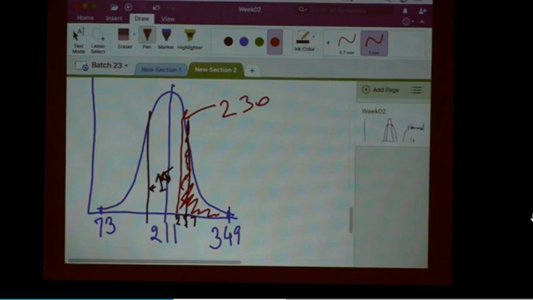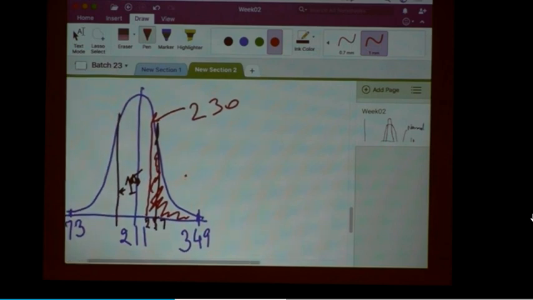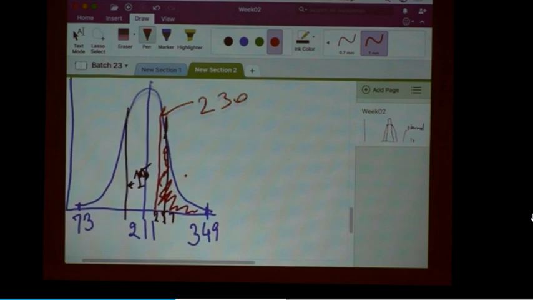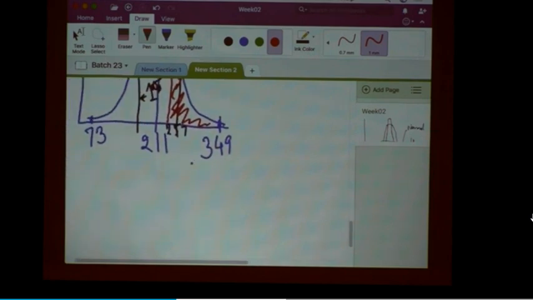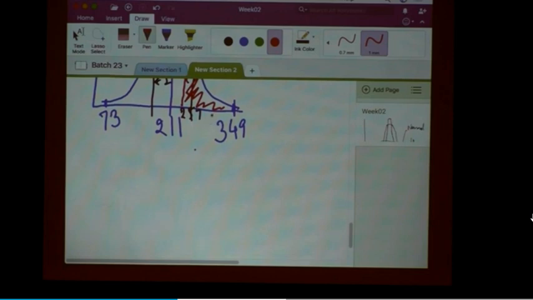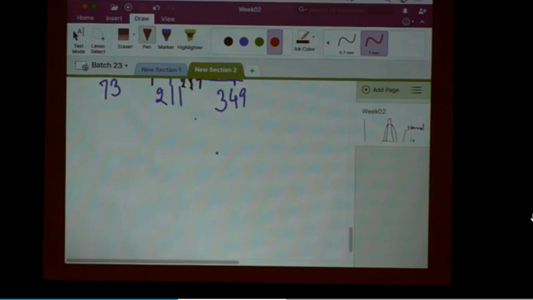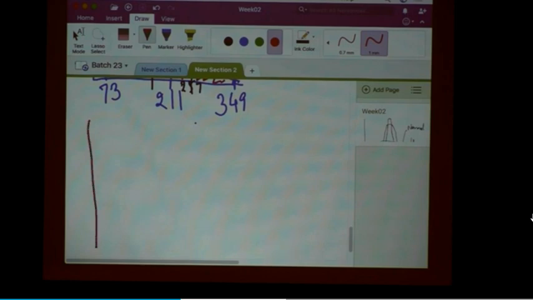The sample distribution of the means. Right there. And now my sample distribution of the means.